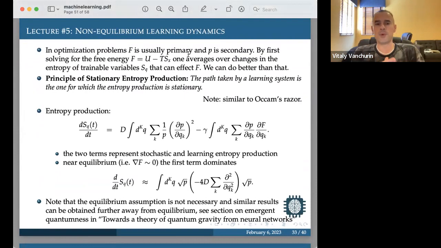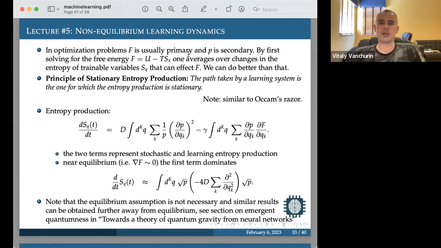And so the proposal that is often used in non-equilibrium thermodynamics is that some kind of stationary entropy production principle should be satisfied. Now note, before we were using the maximum entropy principle, there was no time evolution. We were saying what would be the most probable distribution when there is no time. Here, this principle is for the evolution.